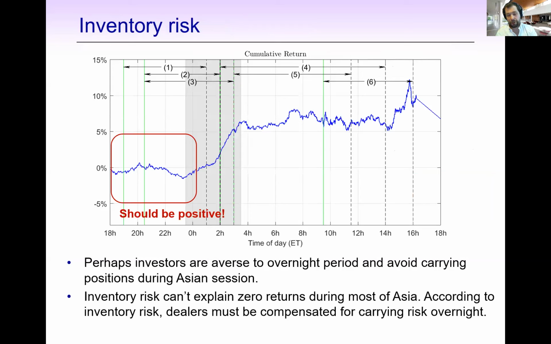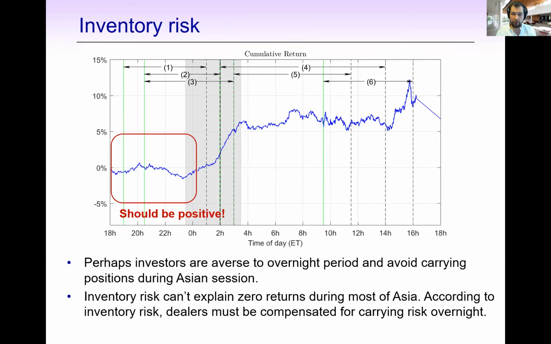Well, then we carefully study inventory risk. What is inventory risk? Well, some investors may dislike the overnight period for whatever reason. They will close positions around US close. They will reopen these positions maybe around European open. And whoever holds those positions overnight, which is presumably dealers, must be compensated.